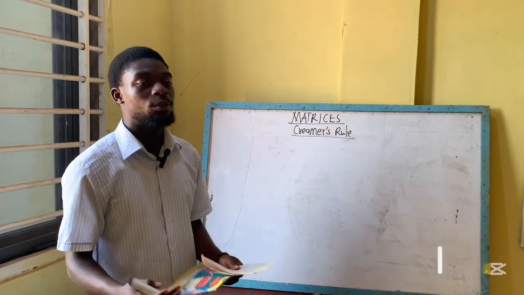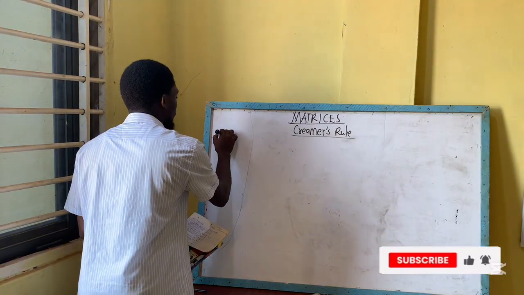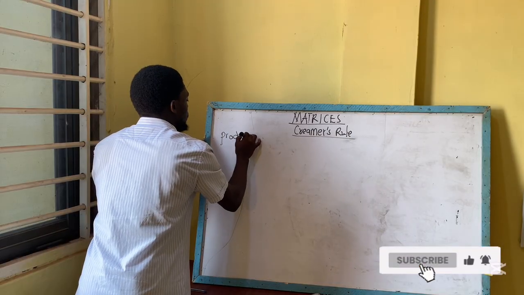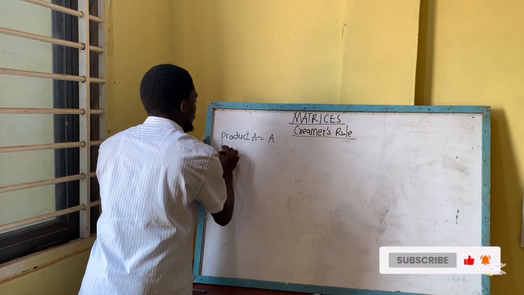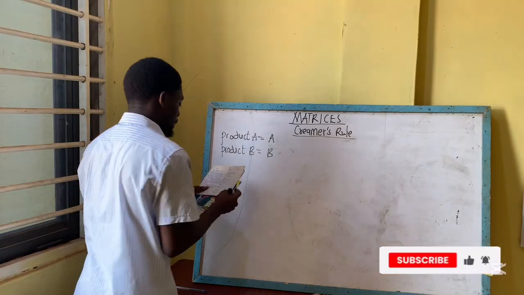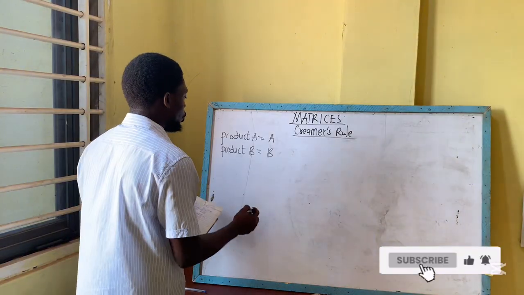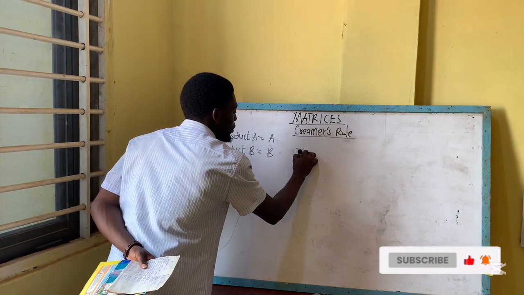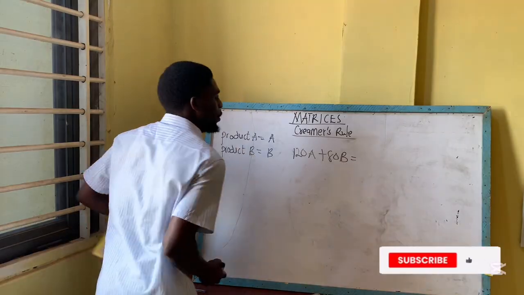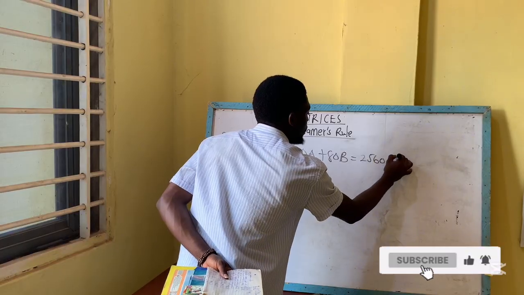Now let A represent product A as the sentence goes and B represent product B. So we have product A being represented by A, then we have product B being represented by B. It says 120 units of product A and 80 units of product B, which gives us a total revenue of $2,560, being our equation 1.